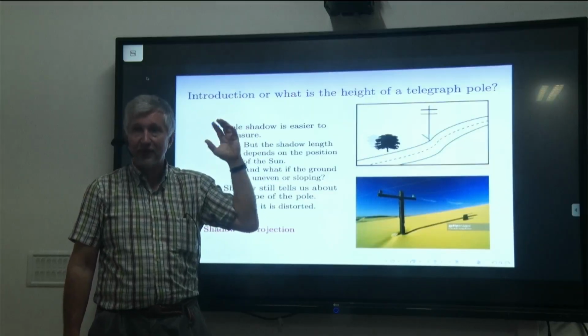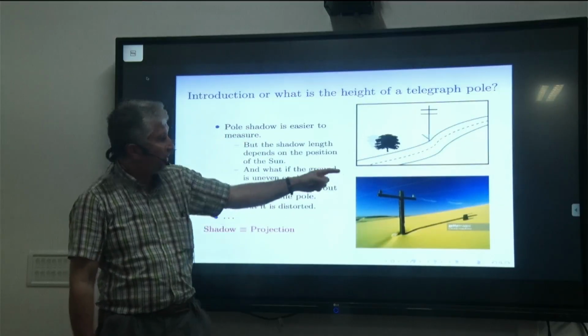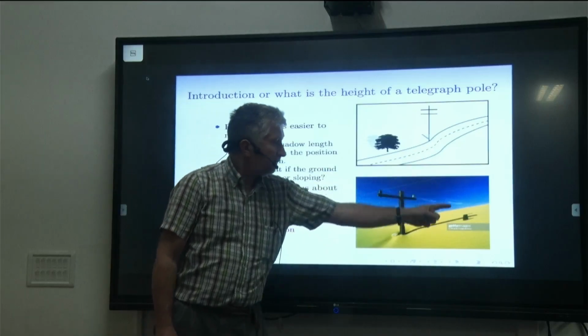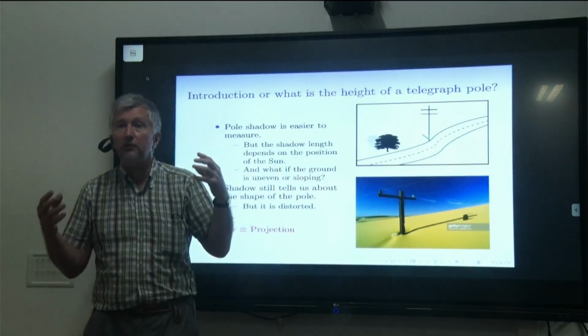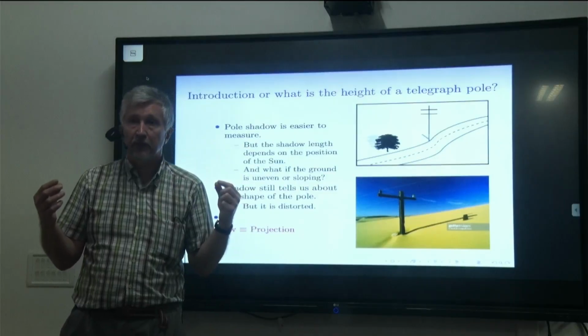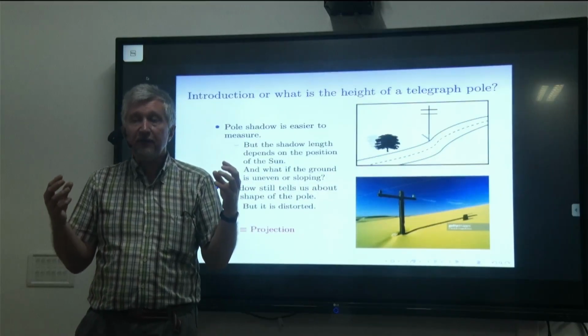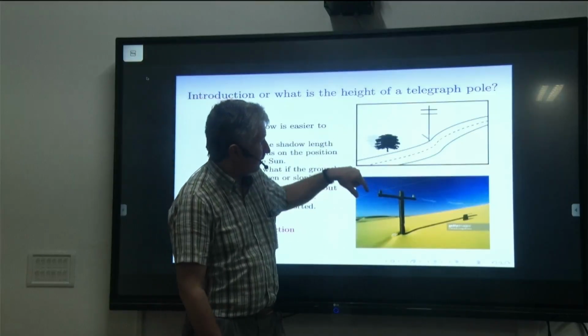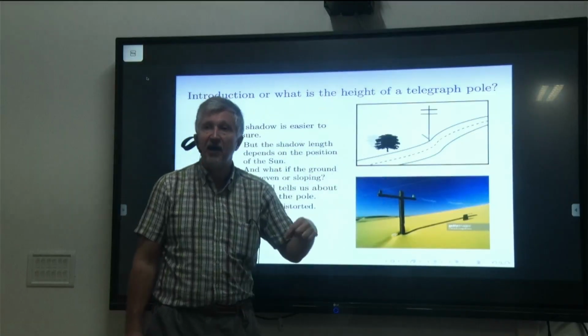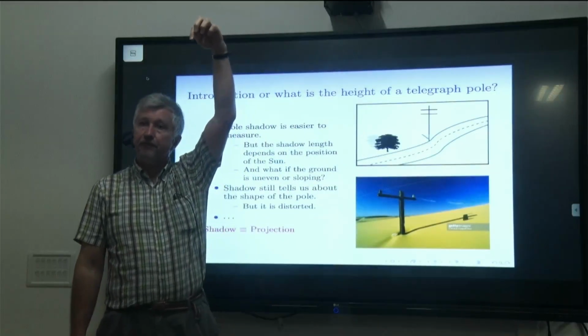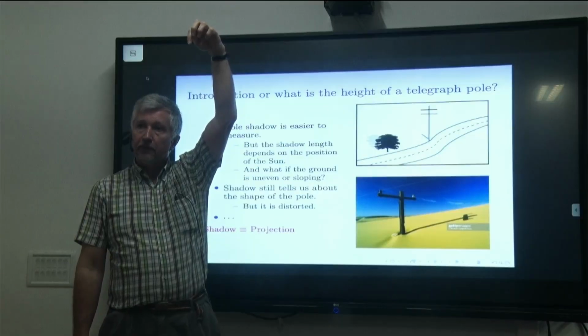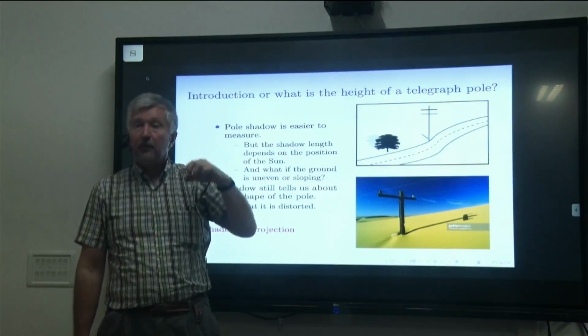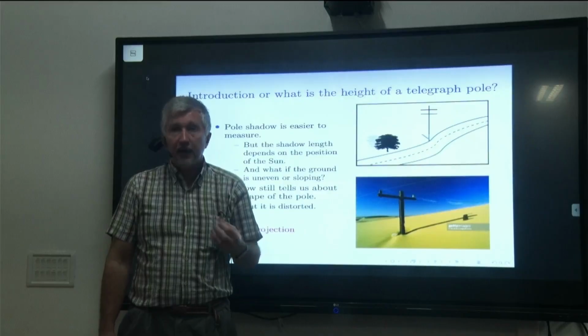The same object will throw different types of shades. If it is just a post, so forget about the horizontal bar, and the sun is straight up, can you see any shade?